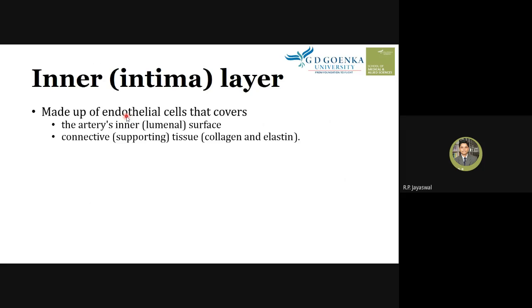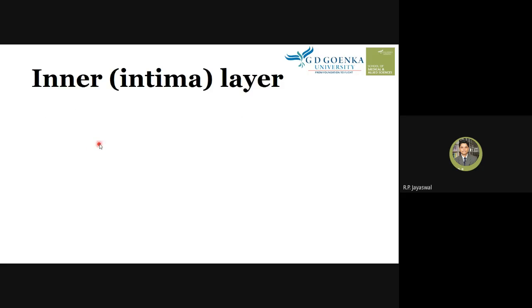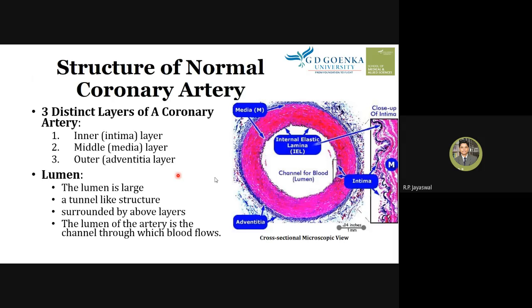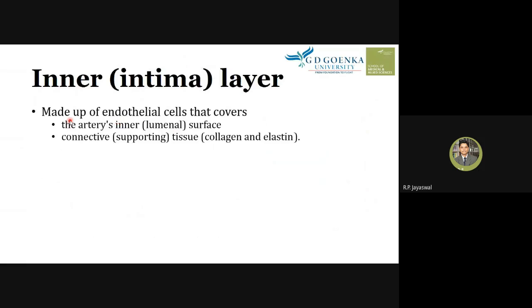These are the specialized cells present in the inner layer of the coronary artery that cover the artery's inner luminal surface. If you see the structure, the inner lining of the intima is towards the lumen side, and it has endothelial cells. It is made up of endothelial cells that cover the artery's inner surface, and it also covers the connective tissue, basically collagen and elastin.